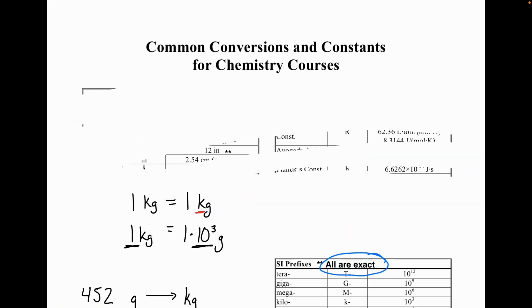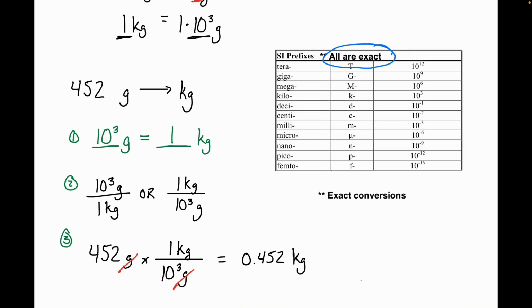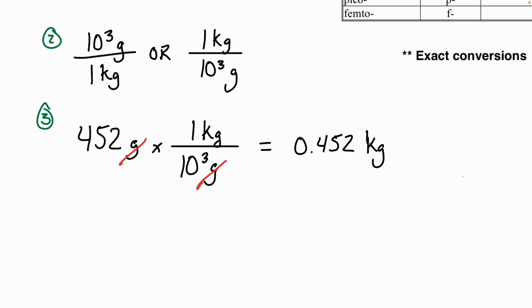So all of our metric prefixes are considered to be exact. They are considered to be definitions. So when I'm doing my sig figs for my unit conversions here, I'm going to look at this 452. How many sig figs are there in that original number? That is not a definition. That's a measurement, right? That's what was given to me in my problem. So how many sig figs do we see in 452? This one has 3. But now we get to our unit conversion here. And again, this is defined to be exact.